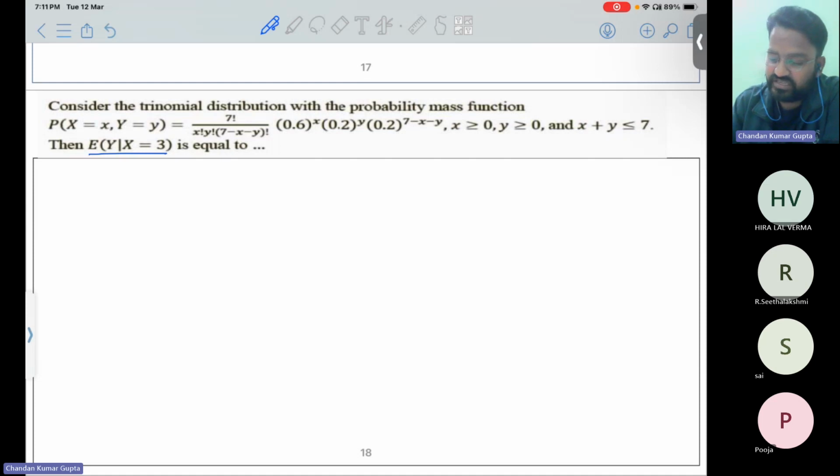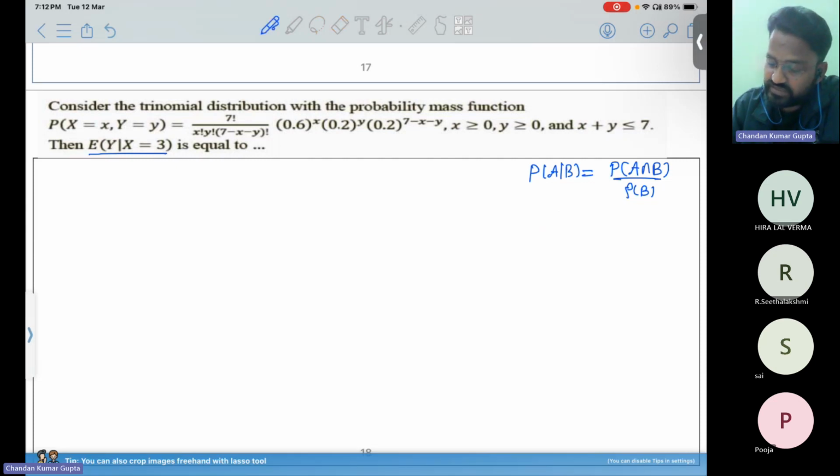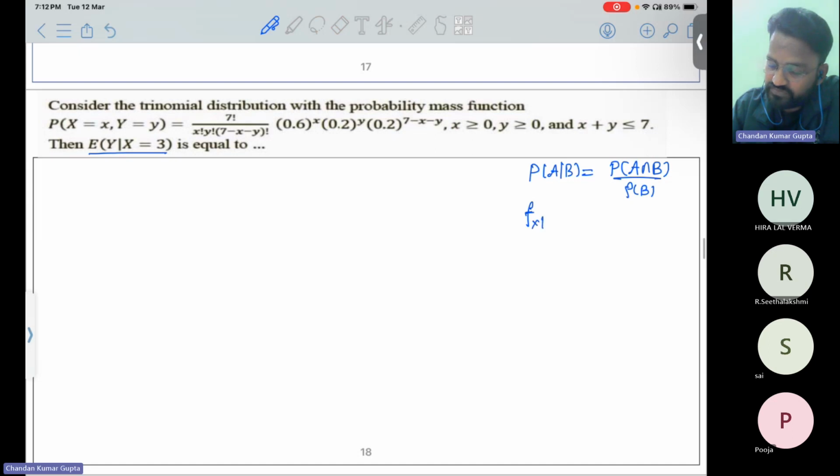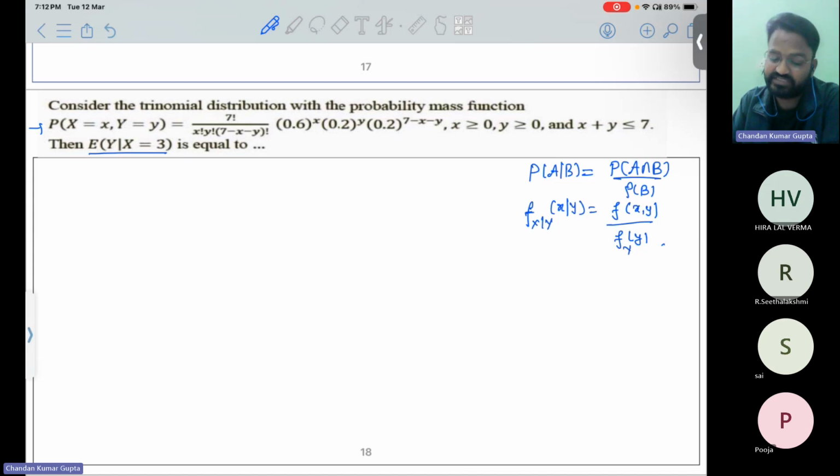So for conditional probability, probability of A given B equals probability of A intersection B divided by probability of B. In a similar manner, the distribution of X given Y is equal to the joint PDF of XY divided by the marginal PDF of Y. So with the help of this, we first calculate the marginal PDF of X at X equal to 3, and then with the help of that distribution, we will calculate the expected value of Y.